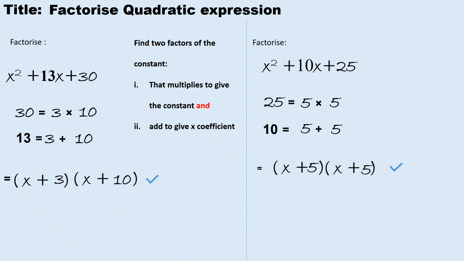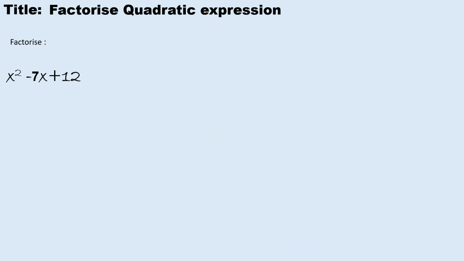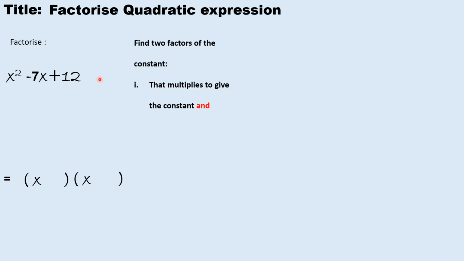Stay with us. Let's look at two more. Okay, here we have x squared minus 7x add 12. So let's factorize this one. Again, let's follow the same procedure. We need two factors of 12, and 12 here is a constant. When we multiply those factors, we should get 12. And when we add those factors, we should get negative 7.